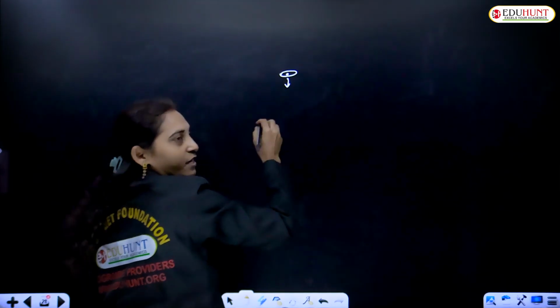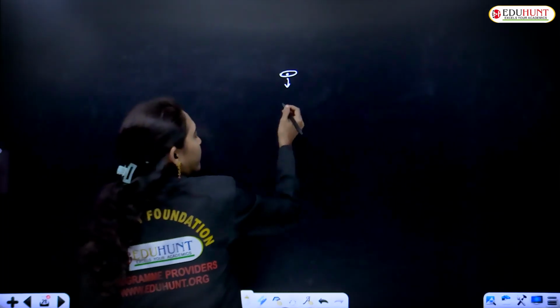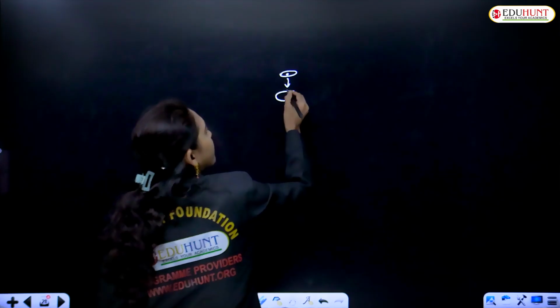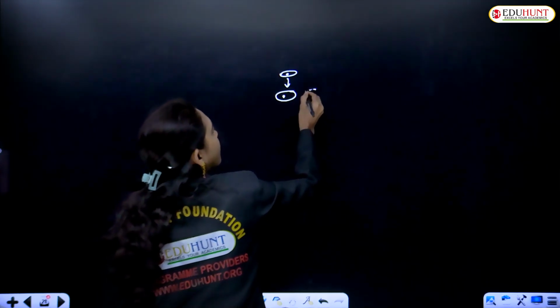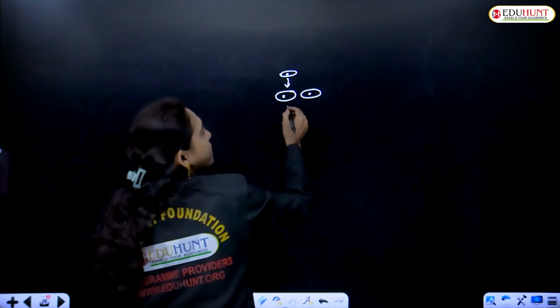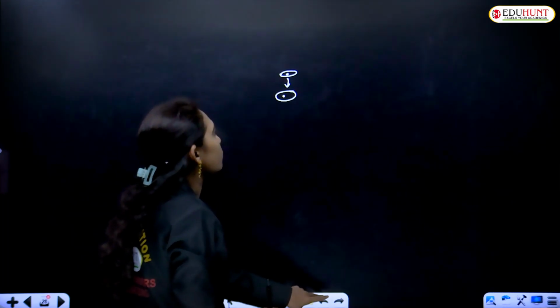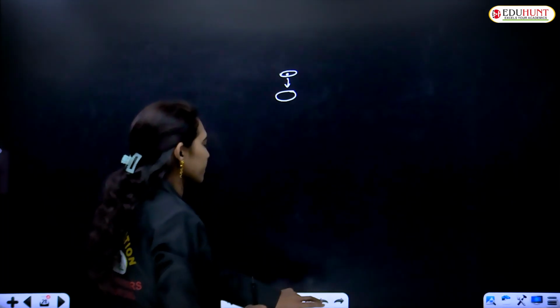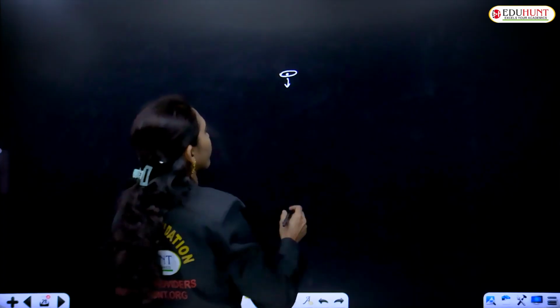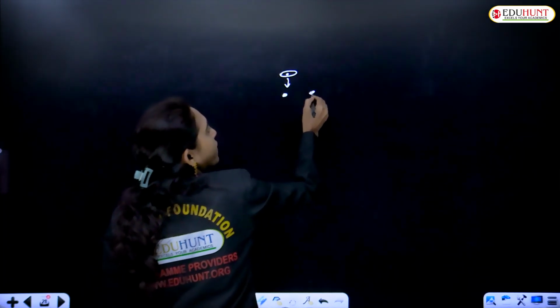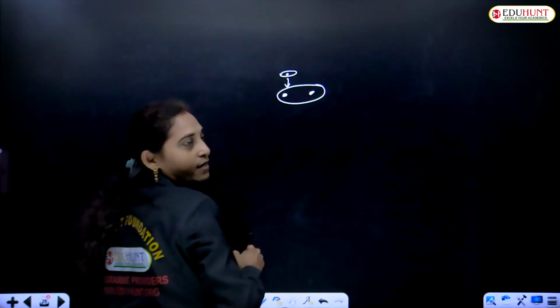The functional megaspore undergoes three mitotic divisions. The first division gives rise to 2 nuclei in the same cell itself.